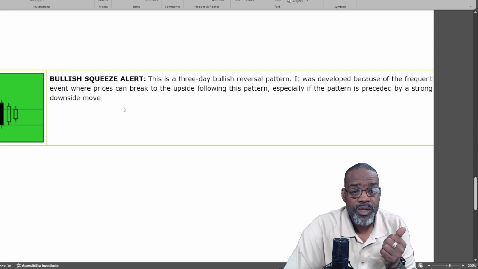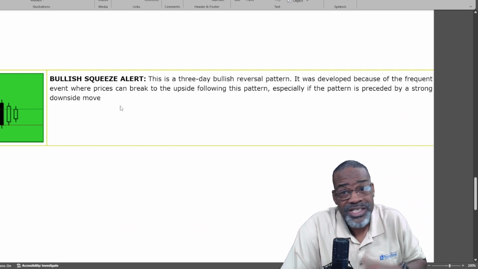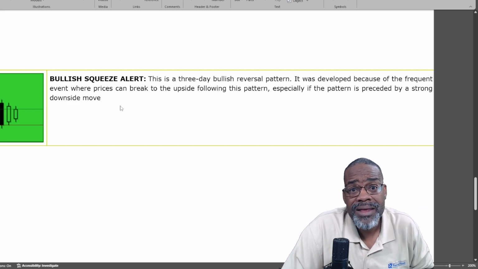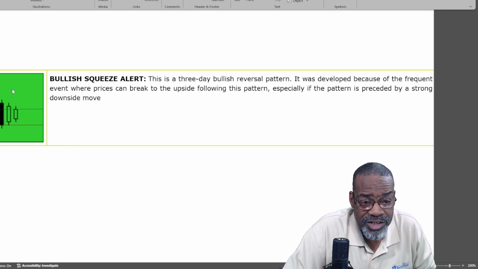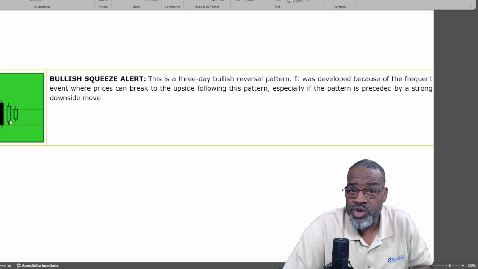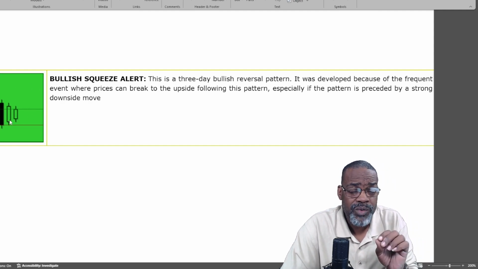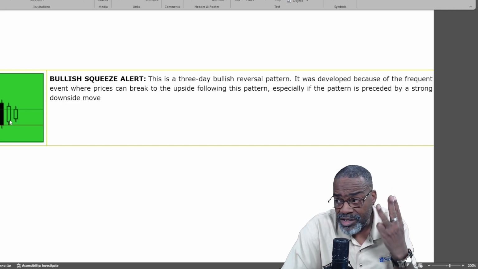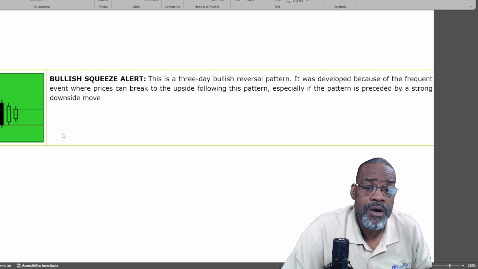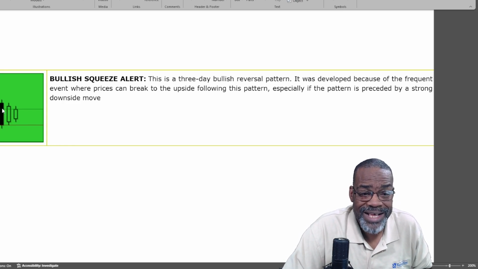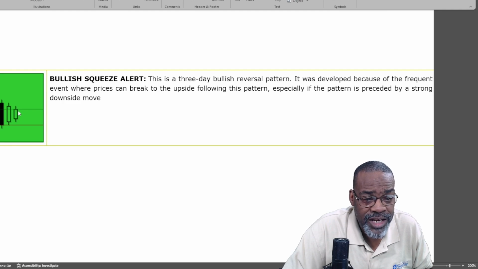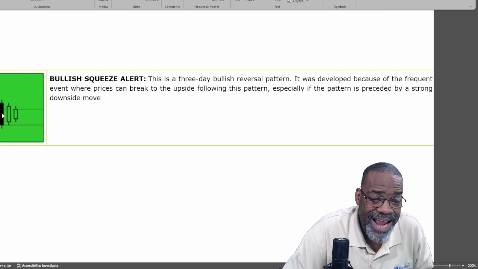And one more, the bullish squeeze alerts. We hear about bullish squeezes a lot, but this is a 3-day candle formation. Notice that all of the other candles we were looking at were 2-day candle formations. Notice that squeezing the price, here's 1 day, and the other 2 days are within that candle.